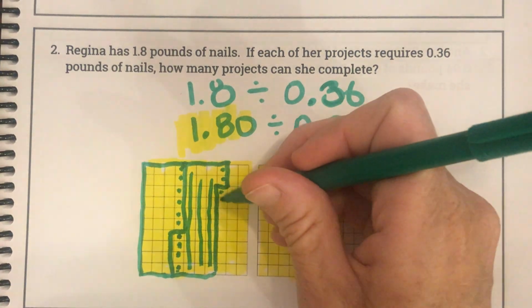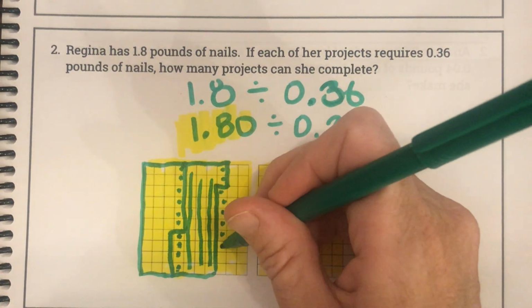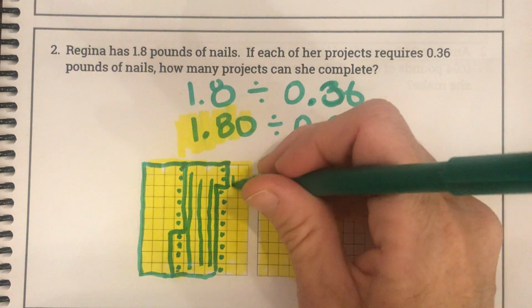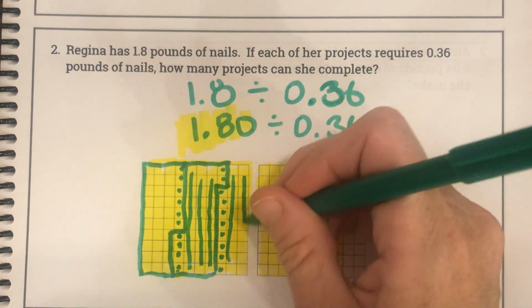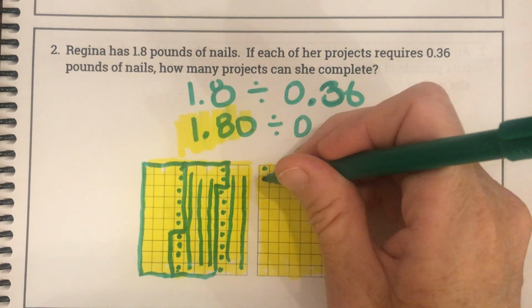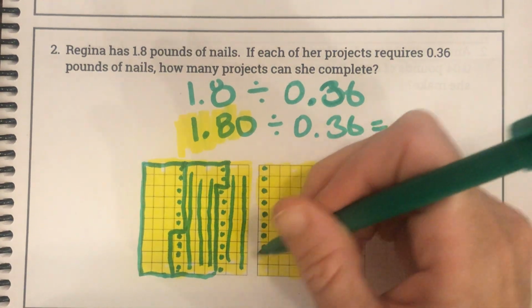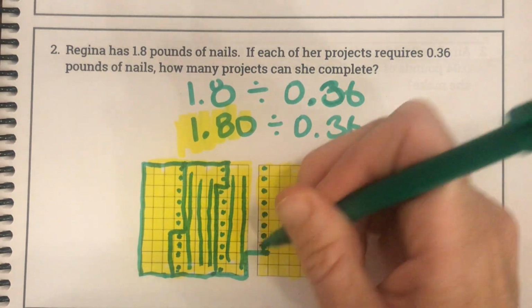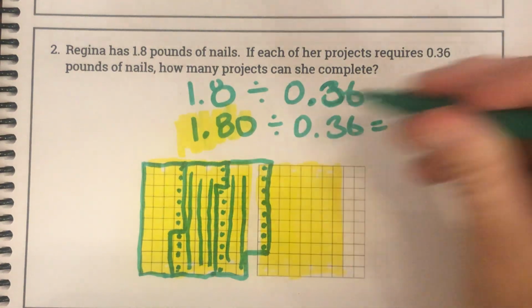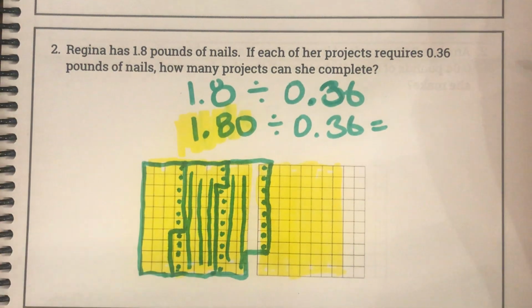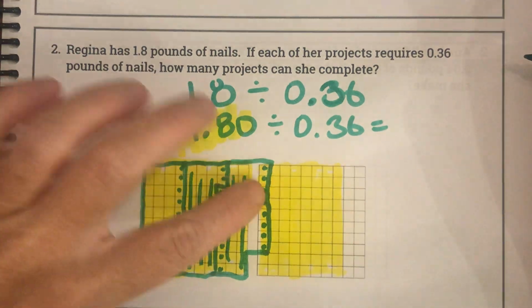Ready? 1, 2, 3, 4, 5, 6, 7, 8, plus 10 more would be 18, 28, 29, 30, 31, 32, 33, 34, 35, 36. Okay. So how many groups do we have so far? With our lines, it's pretty messy. We have 1, 2, 3 groups.